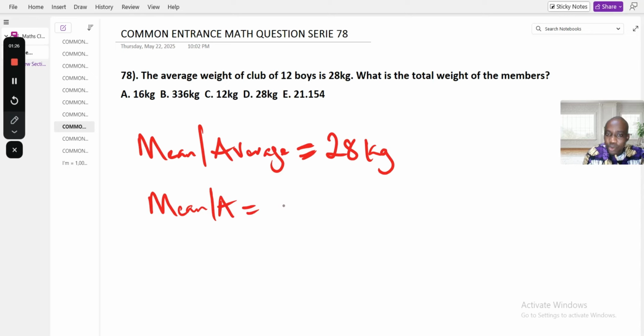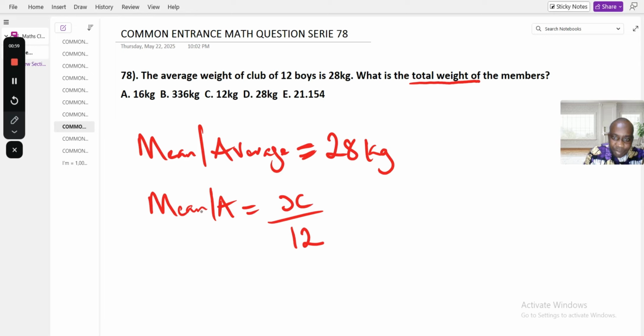We are going to add all the kilograms for each boy. You now divide them by 12 people. That's what the question said, that we should look for the total weight of all the members. All the total weight, we add them together and divide them by 12. That's the way we are calculating average. We don't know the total, divided by 12.